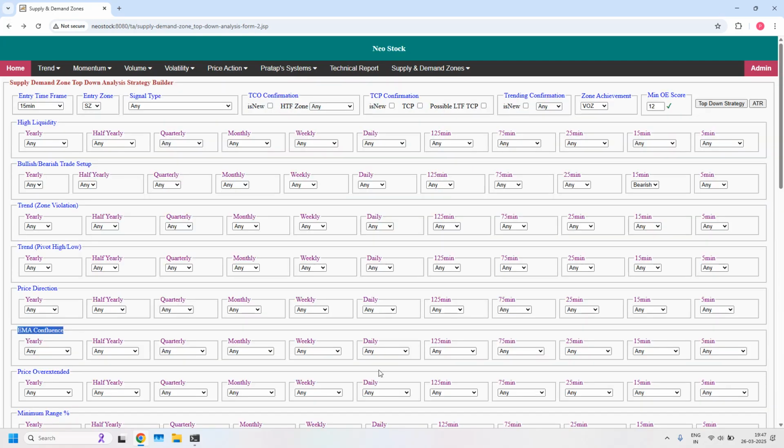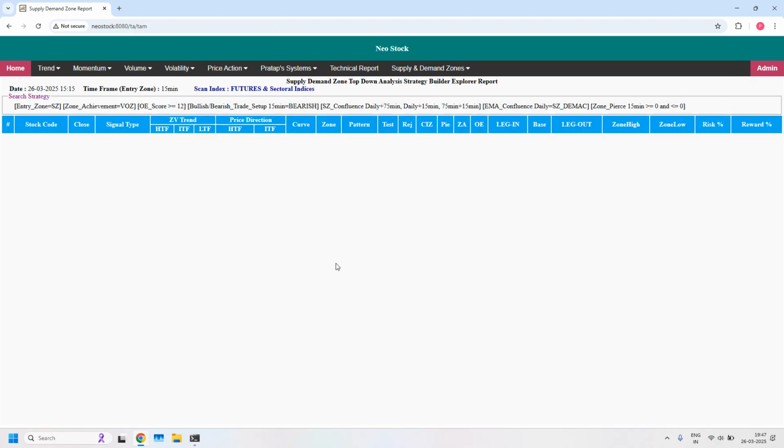In the EMA confluence at daily time frame, I am selecting whether the daily supply zone has daily EMA confluence or not. So the stock is not filtered. That is not having any EMA confluence. That means we don't have a higher probability trade setup. Stocks are not available. So this is the bearish trade setup for daily income trade.